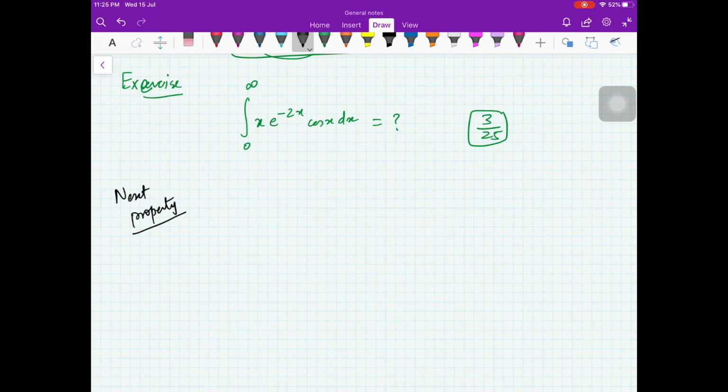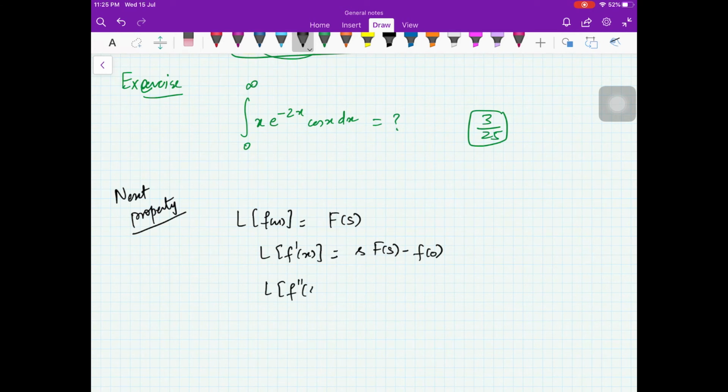The next property is very important, we will use it for solving differential equations again and again. First we multiplied with x, then we divided by x, and on the right hand side we had derivatives and integrations. Now we are saying, what if we differentiate? So if L of f of x is f of s, then L of f dash x is s into f of s minus f of 0.